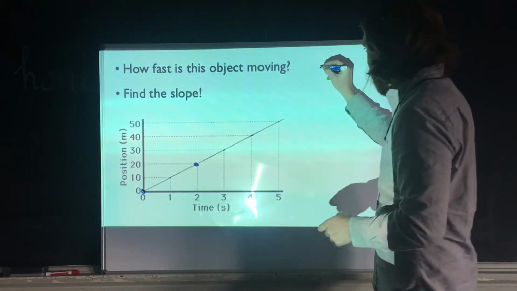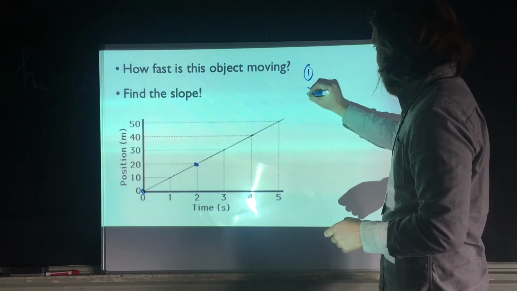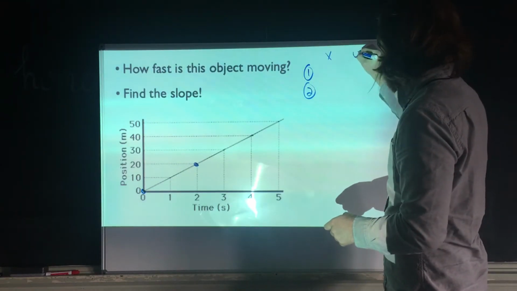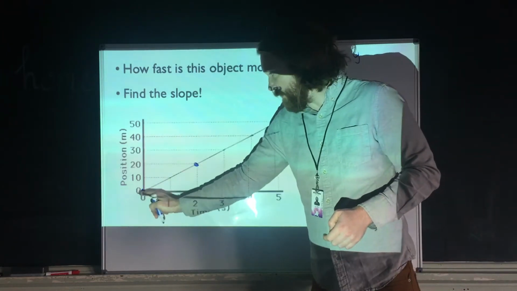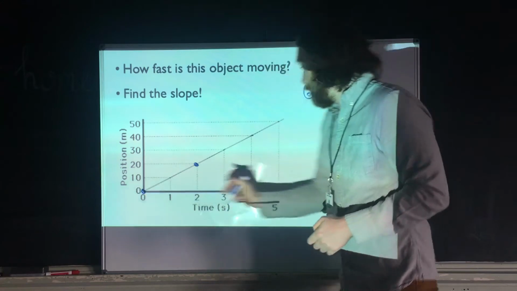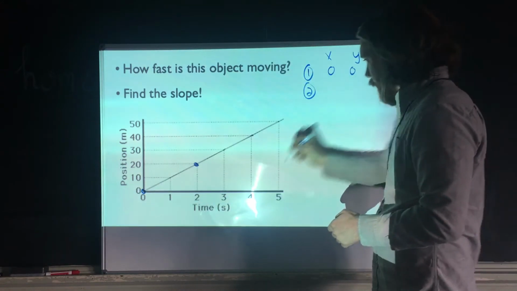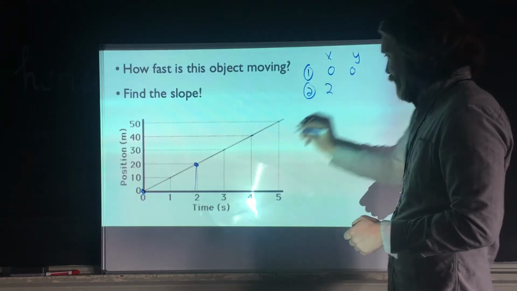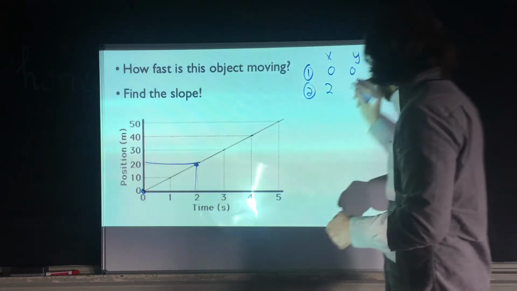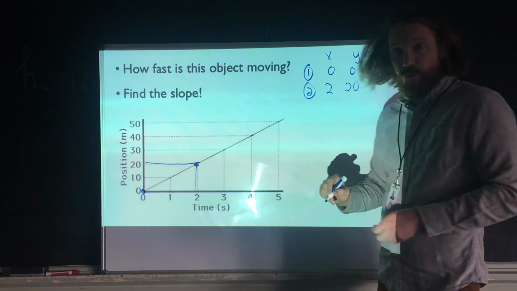I make my chart here. I have my first point, my second point. I have an x and a y value. My first point's always on the left-hand side, and this point is 0x, 0y. My x value for number 2 is 2, and my y value is 20.